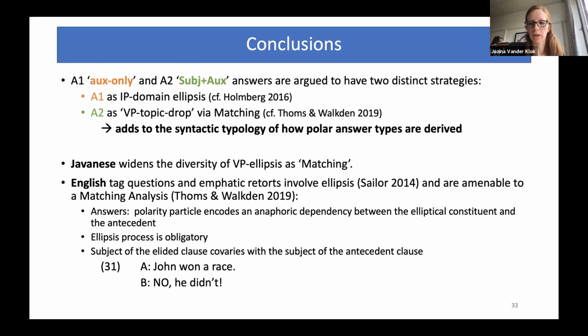So this is how you can get the higher VP eliding. Second, the ellipsis process is obligatory with a specific intonational contour in English. Thirdly, the subject of the elided clause co-varies with the subject of the antecedent clause.